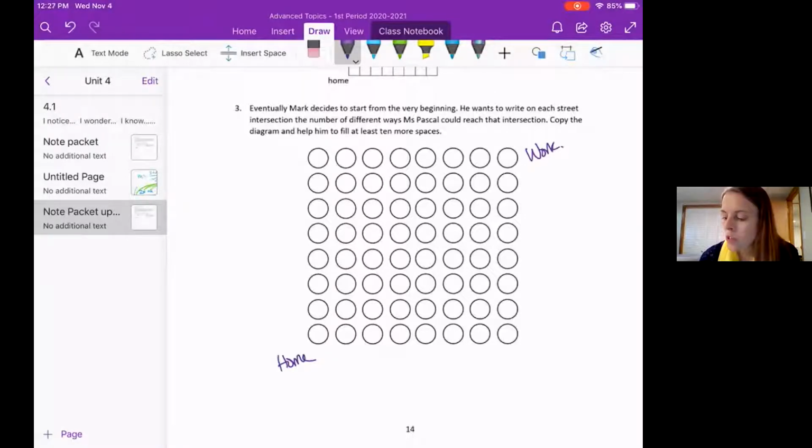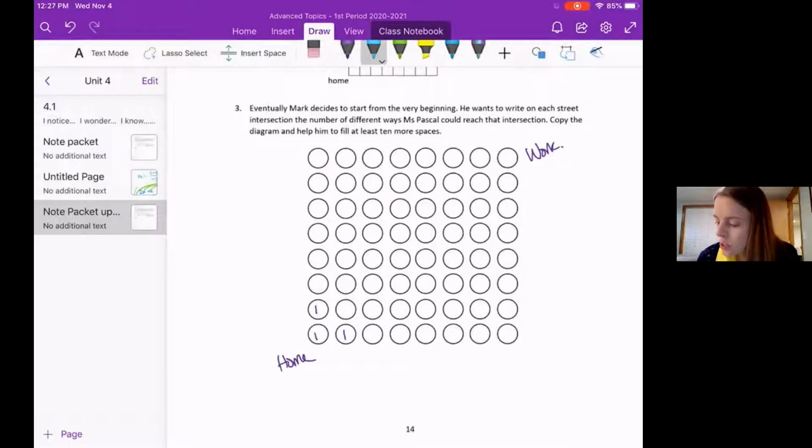If we were going to reach the first space, there's only one way to do that. If you were going to go to this space right here, there's also only one way to do that if you're traveling north and east. It would be just to travel east. There's also only one way to travel one spot north.